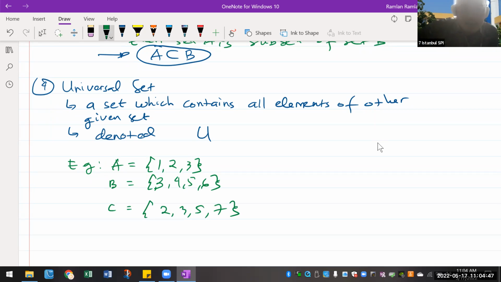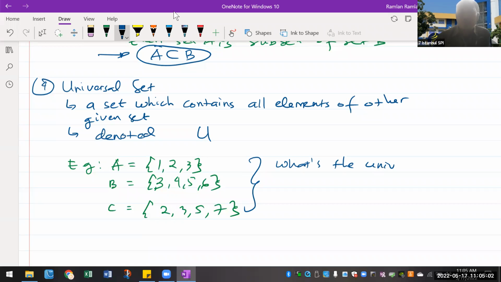If I want to know the universal set of this question, where we have 3 sets, what's the universal set? Again, guys, you only need to combine them.